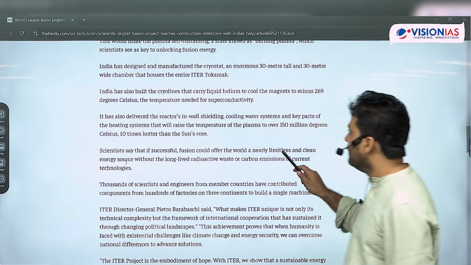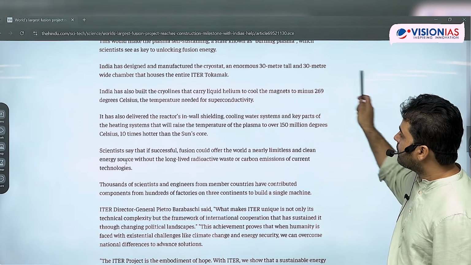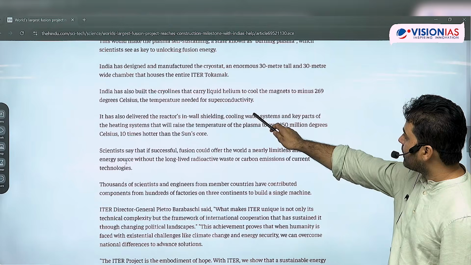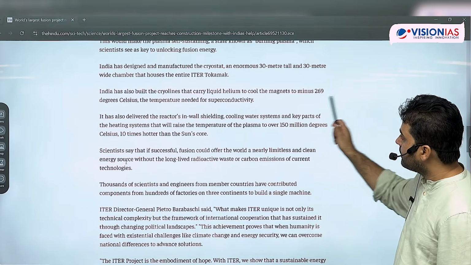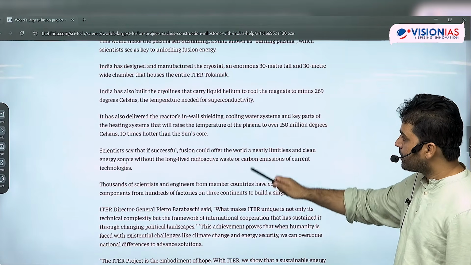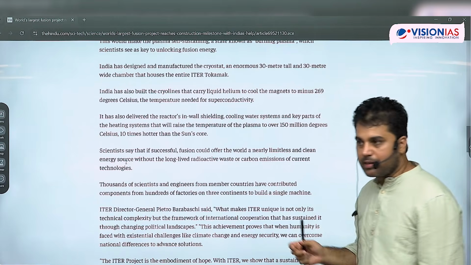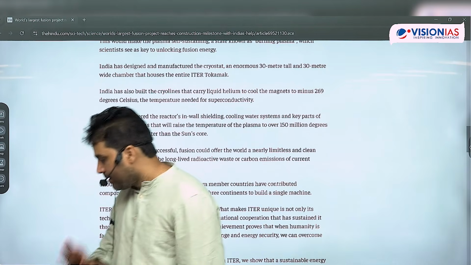In this article, India has designed and manufactured the cryostat for the tokamak. India has built cryo lines that carried liquid helium. It also delivered in-wall shielding, cooling water system, key part of heating system, all of that. So it's very clearly mentioned what type of contribution India has made to ITER.